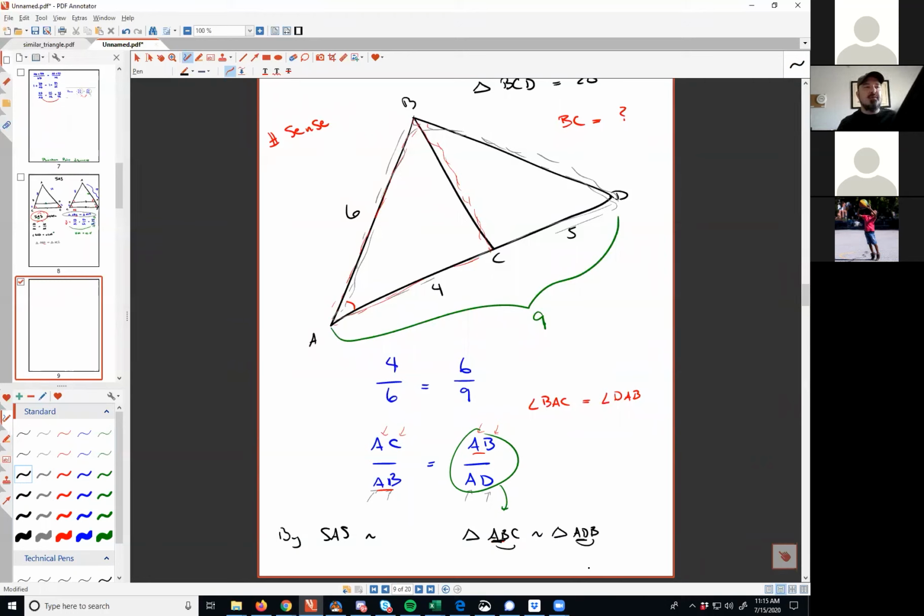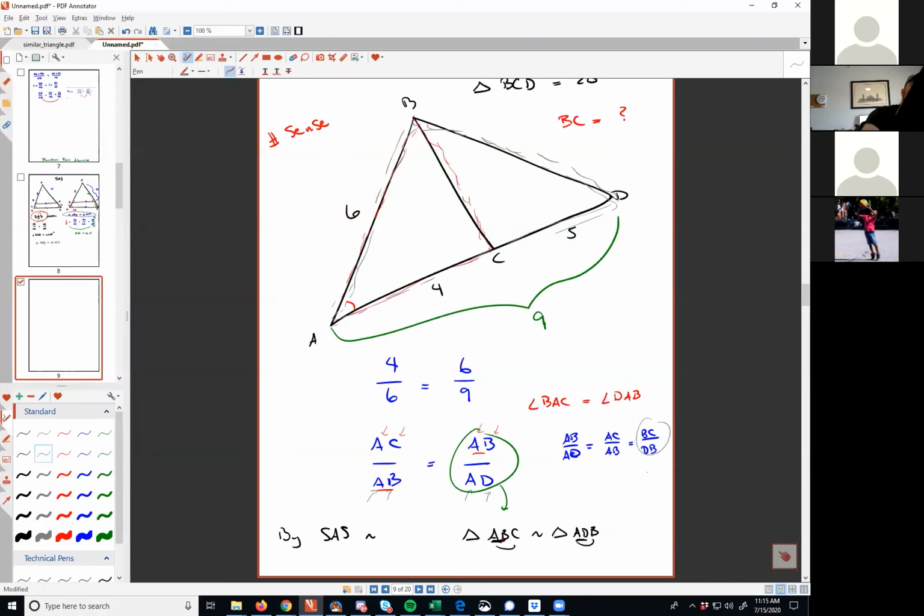Okay. So now that we've established that those triangles are similar, now we have AB over AD equals AC over AB equals BC over DB. Well, wait a minute.